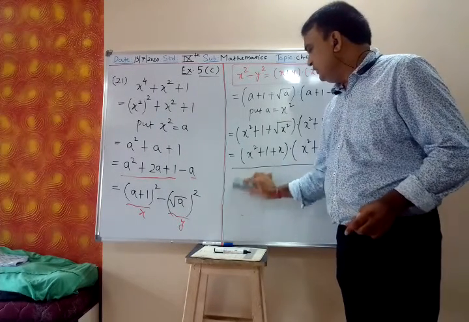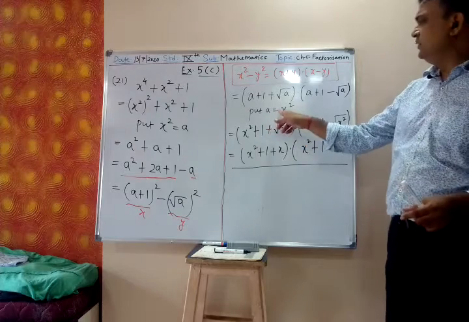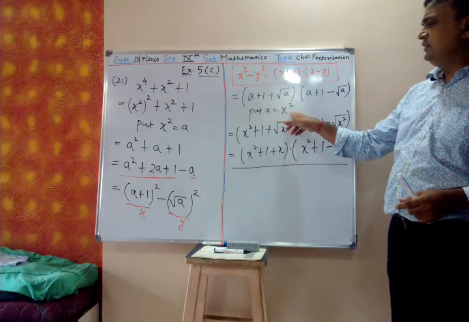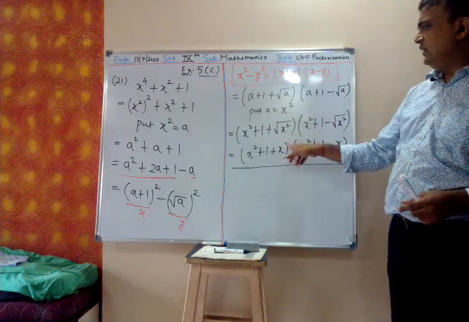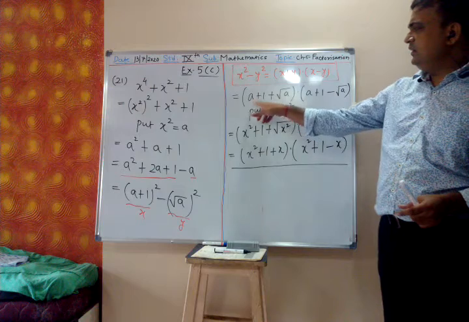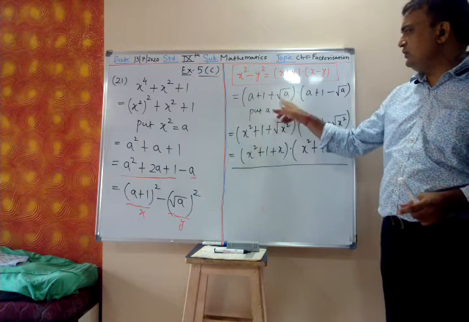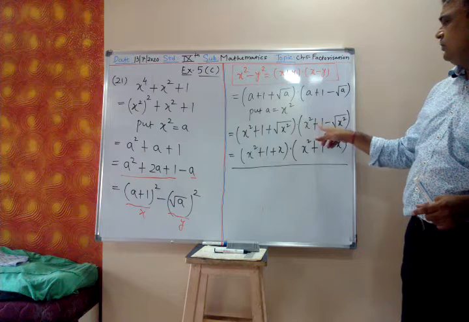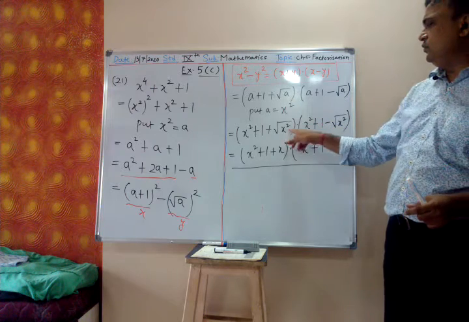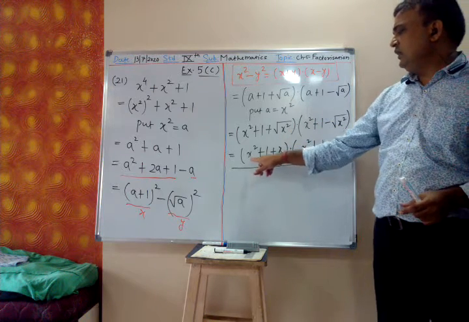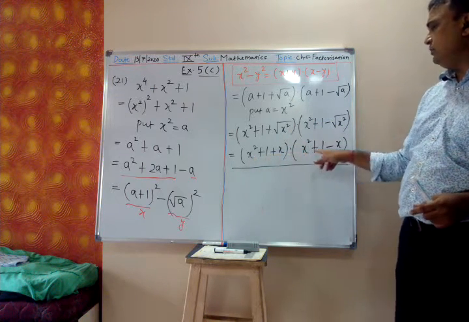Which part? Right one. This side. Now put the value of a. A is x square, so that becomes x square plus 1 plus root of x square into x square plus 1 minus root of x square. Root of x square is x. So x square plus 1 plus x into x square plus 1 minus x.